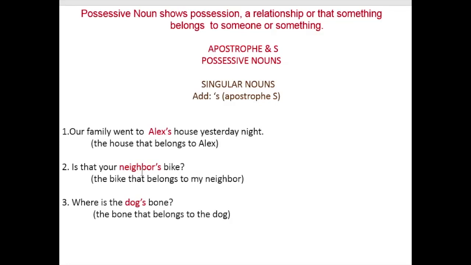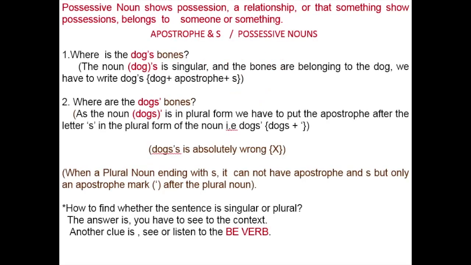Alex is singular, neighbor is singular, dog is also singular. So all three are added with apostrophe and S, which tells the ownership. Alex's house, the house that belongs to Alex. Neighbor's bike, the bike that belongs to the neighbor. Dog's bone, the bone that belongs to the dog.